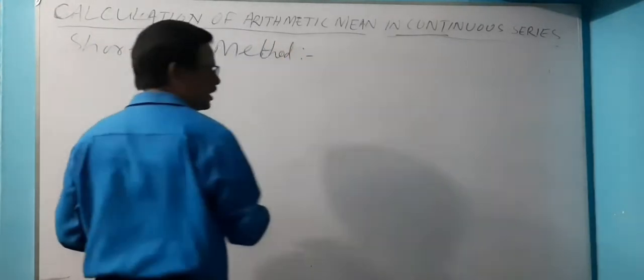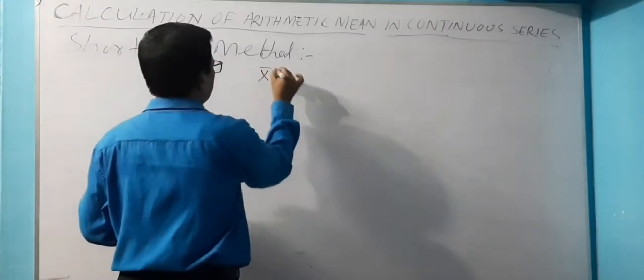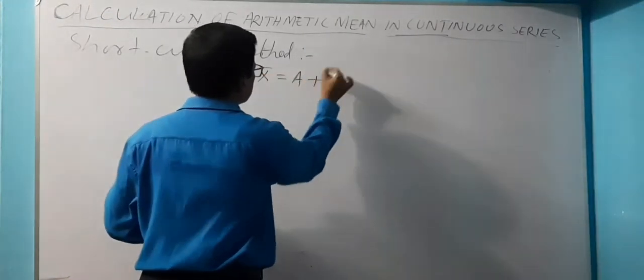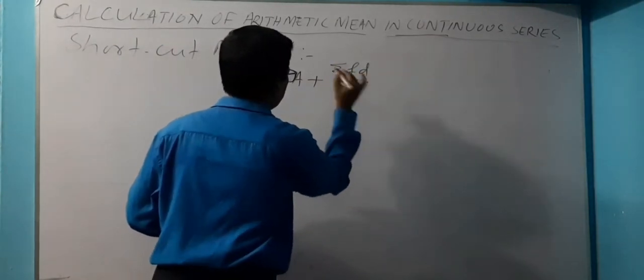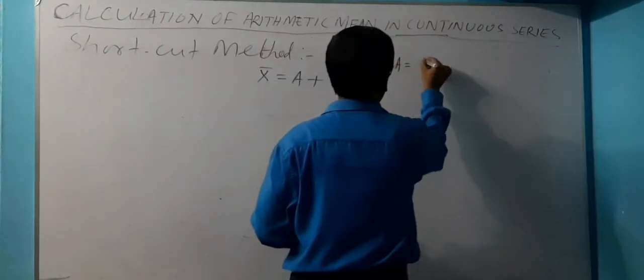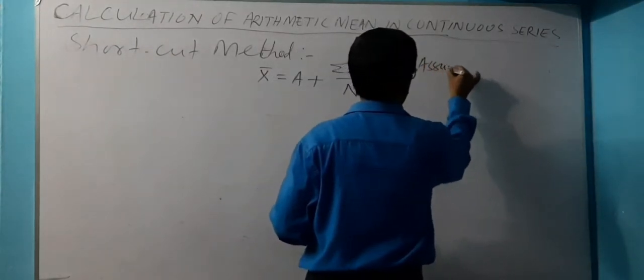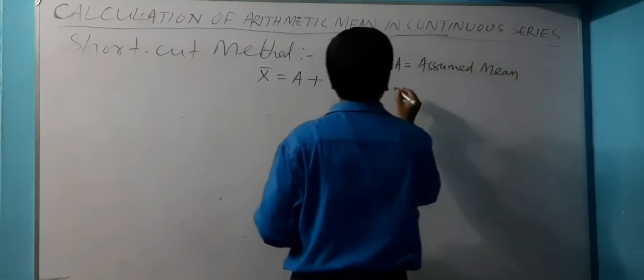So what is the formula in the shortcut method? X bar is equal to A plus summation FD by N, where A means assumed mean. What is D?